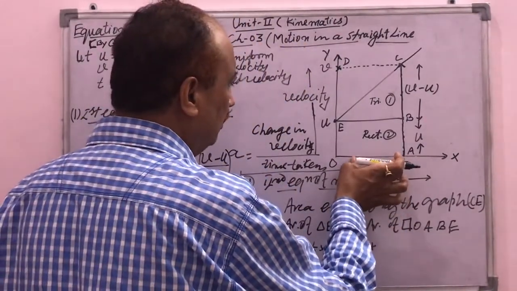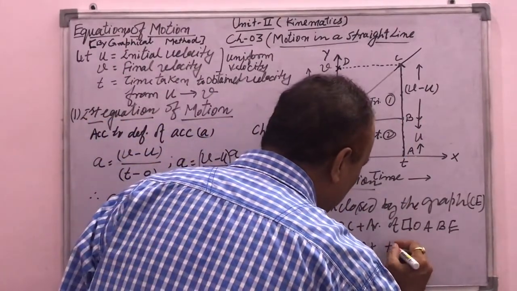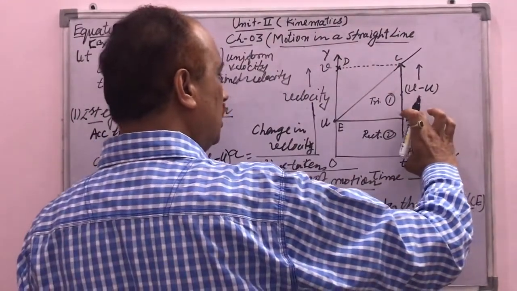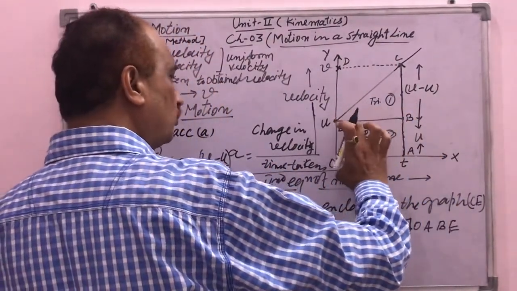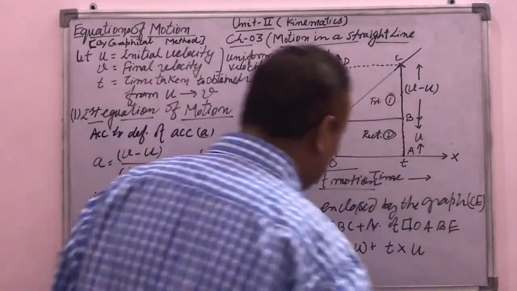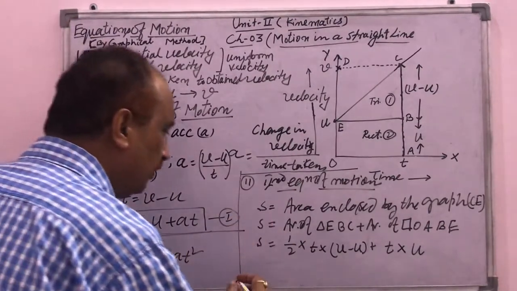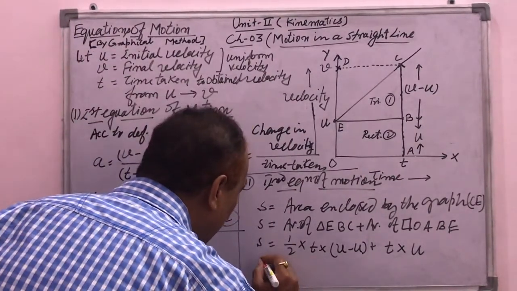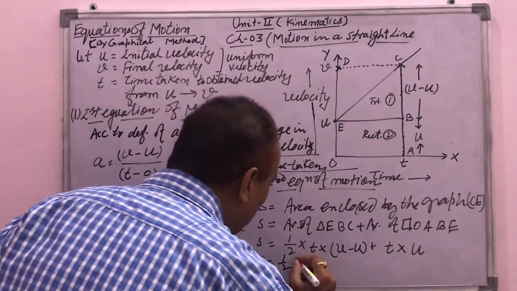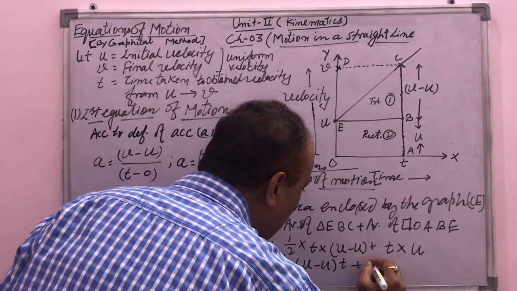The length is EB, which is equal to the time taken t, multiplied by the height OE, which is equal to u. So the formula is t into u. Now simplify the value, and we write s equal to 1/2 (v minus u) into t plus ut.